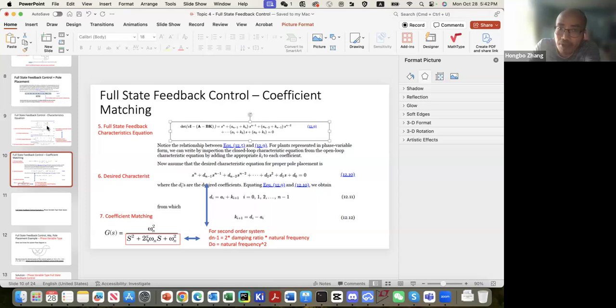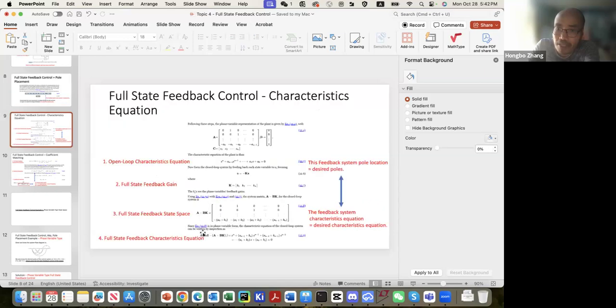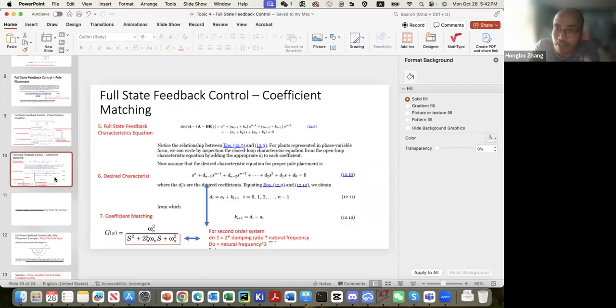Alrighty, so here step number one, this is based on the system feedback matrix. You solve this system feedback state space, and then the system characteristic equation is this equation here. Determine sI minus BK, and you can calculate the determinant. When you calculate the determinant, you get the characteristic equation, and this is unknown here.